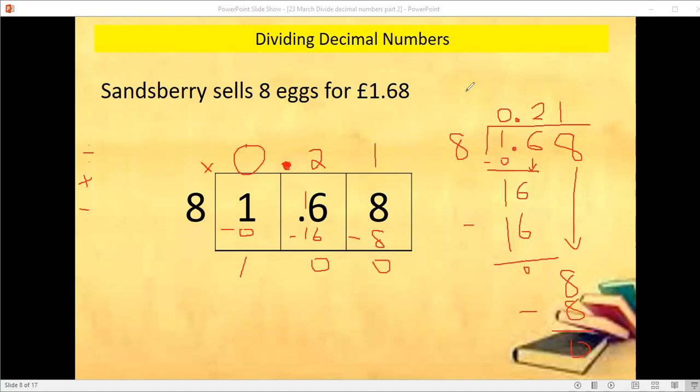So they are also the same. Either method you want to use, the box method or the shortcut method in dividing, or the long method, you're still going to arrive at the same answer. So 1.68 pounds divided by 8 will give us 0.21 pounds. Understood, year 6? Okay, let's move on.